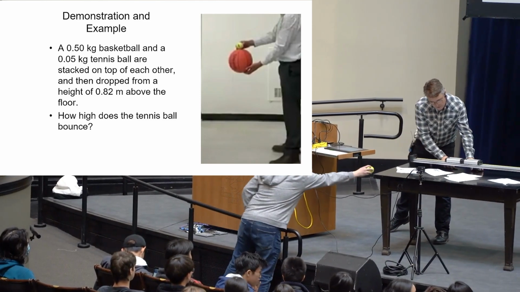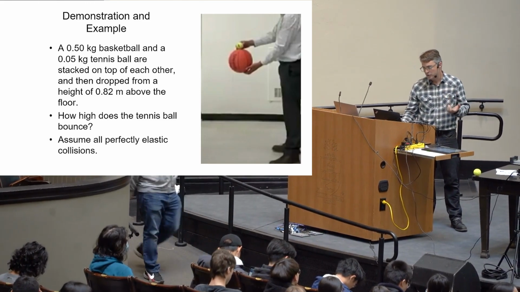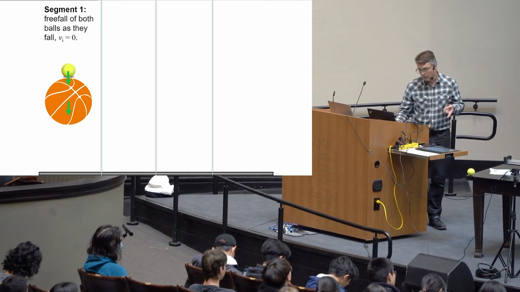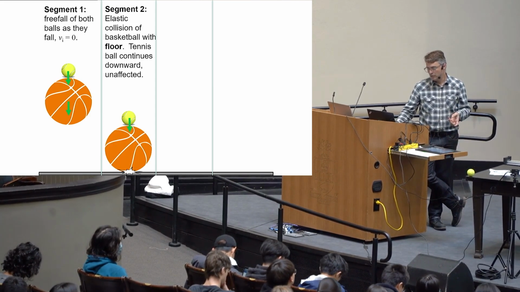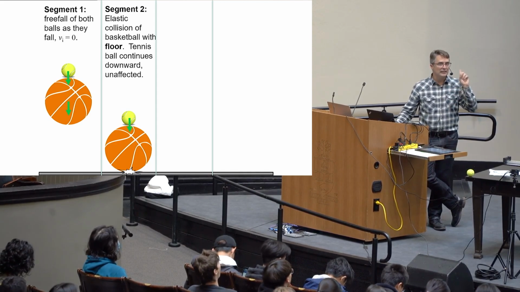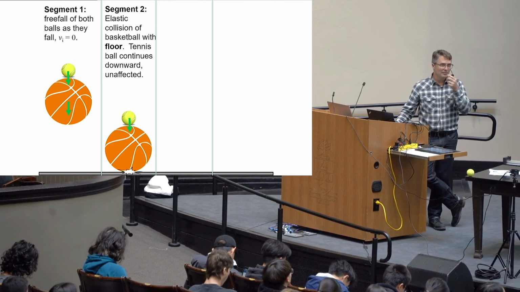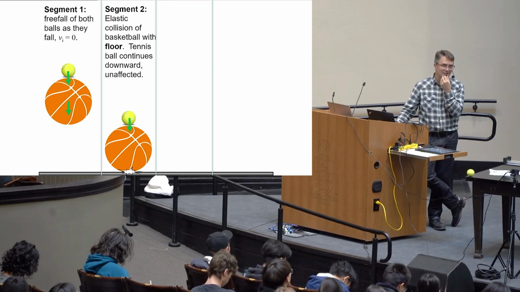The idea is that you can assume all perfectly elastic collisions. Segment 1, free fall: they both travel down. Segment 2, I would always do the basketball first, an elastic collision with the floor. Remember how I told you that momentum is always conserved in an elastic collision?